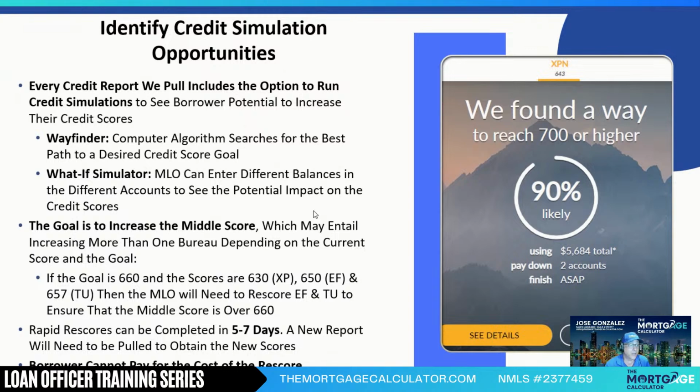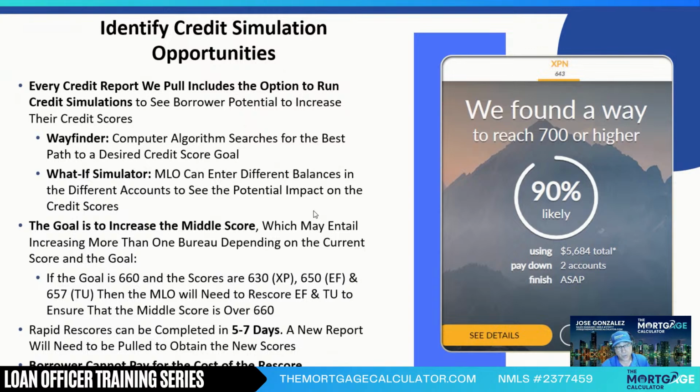In this case, we're going to have them do Equifax at a 650 and TransUnion at a 657 to ensure that our middle score is going to be at least a 660. And you could have picked Experian instead of Equifax, for example. It really depends what the simulation told you. Sometimes you're going to get more juice with one over the other when you're playing with the accounts, and you're not going to know that until you start doing the What If. But keep in mind then that you want to be numerically in the middle when the dust settles.